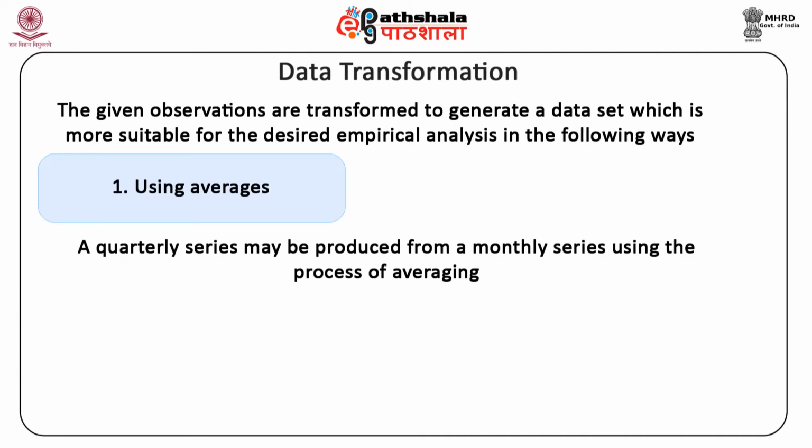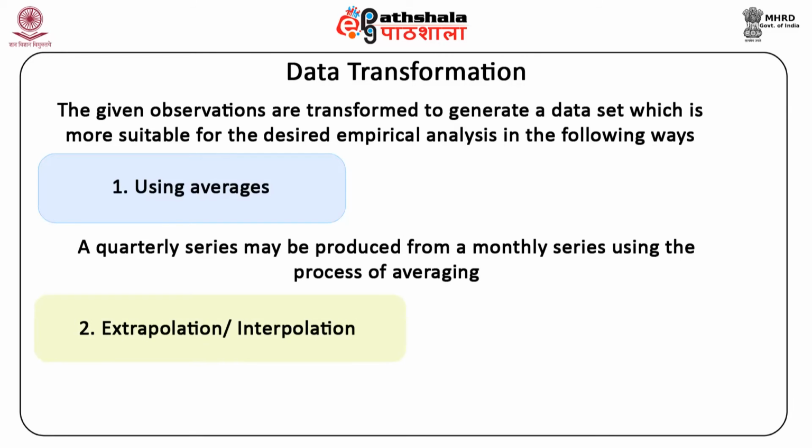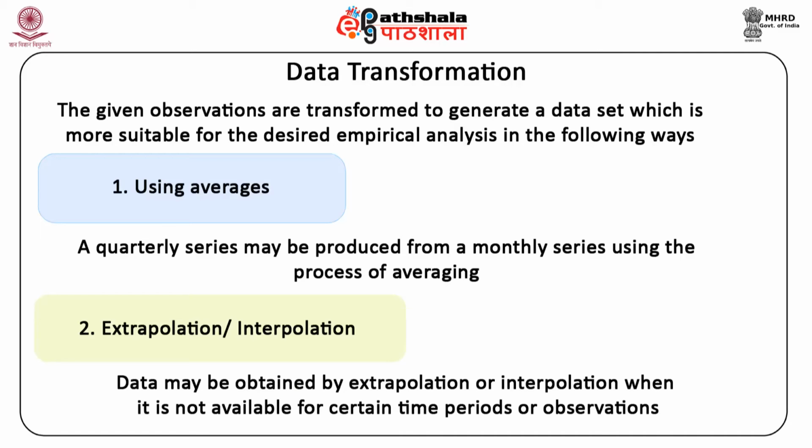A quarterly series may be produced from a monthly series using the process of averaging. The second is extrapolation or interpolation. Data may be obtained by extrapolation or interpolation when it is not available for certain time periods or observations.